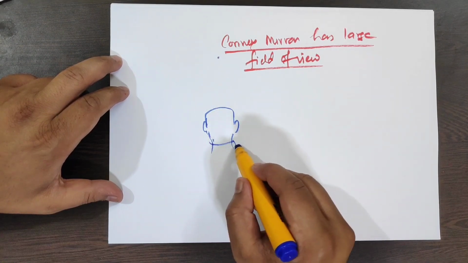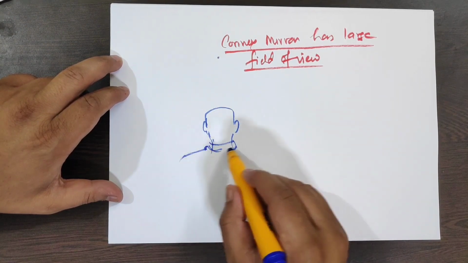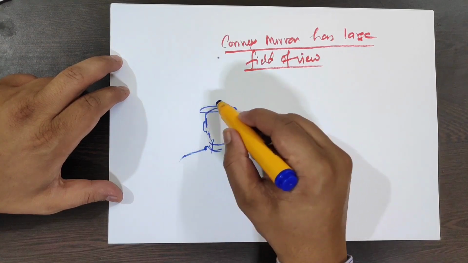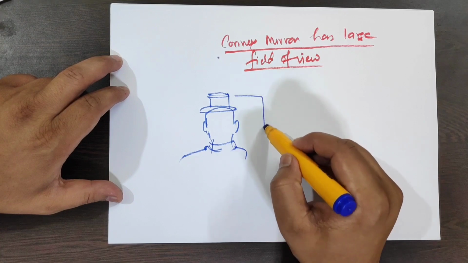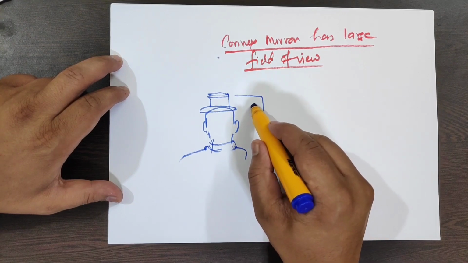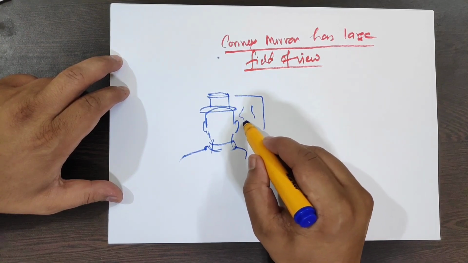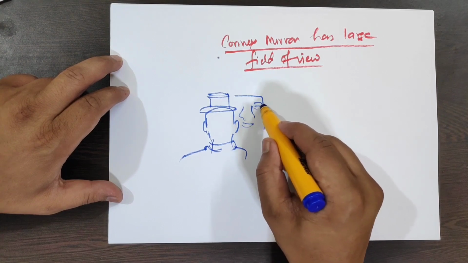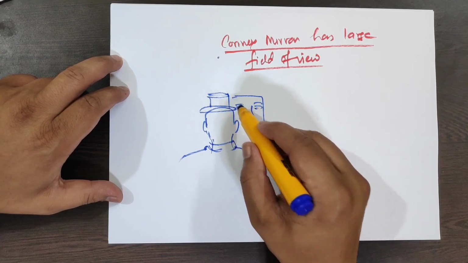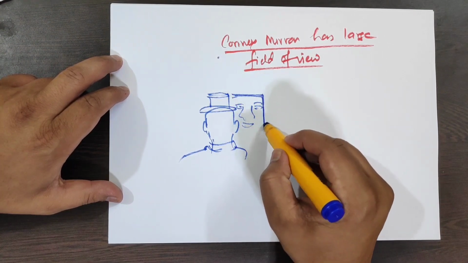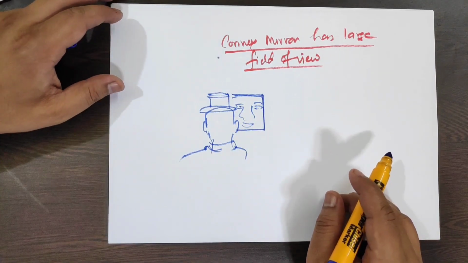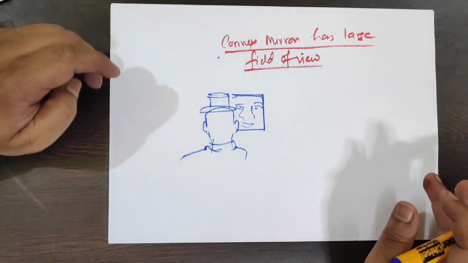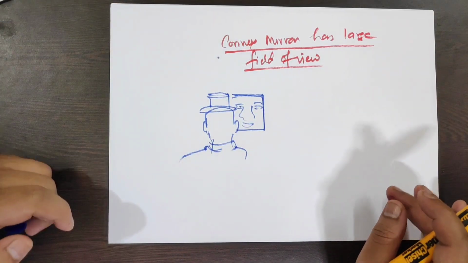The use of the concave mirror when an object is between focus and pole is as a shaving mirror, because when you are shaving you have to see the details of your face. In the diagram, this mirror is in front of the person and he sees his face bigger than normal.